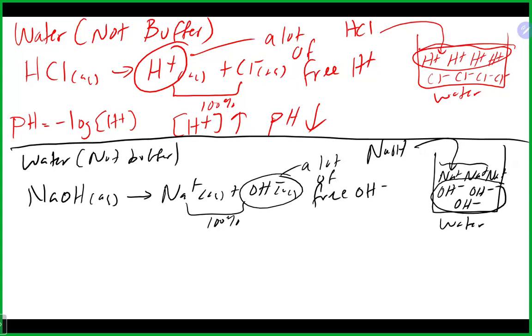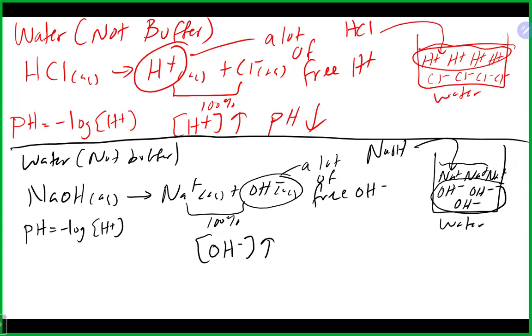And you may say to yourself, why is that important for pH? Well, remember again, pH is equal to minus the log of the H plus concentration, which means in this particular case, you just spiked up the concentration of your hydroxide.